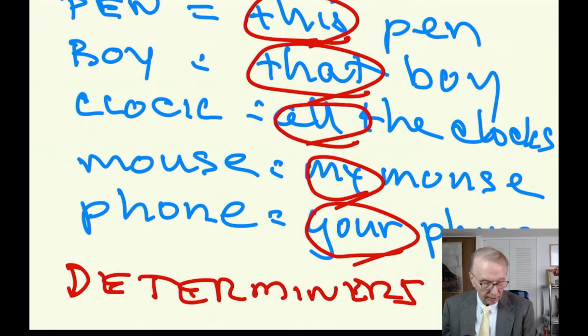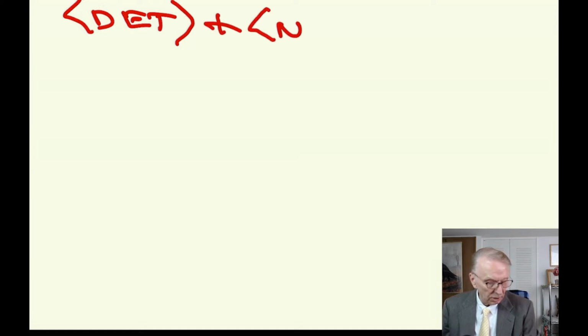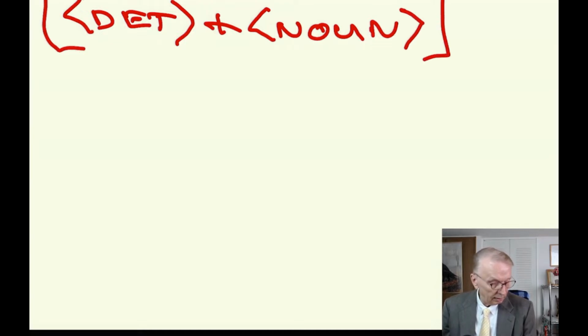Now the important thing to remember when using a determiner, which we'll write like this, is that determiner plus noun, meishi, create what is called a noun phrase.